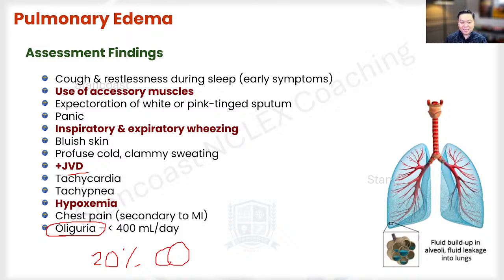That simply means that the glomerulus is not able to receive or filter enough blood coming from the system, okay? So again, there will be oliguria, let's say less than 400 mLs in 24 hours, or less than 20 mLs per hour. This is what we call oliguria. Again, the reason for that is the decreased cardiac output and a decreased blood supply to the kidneys.